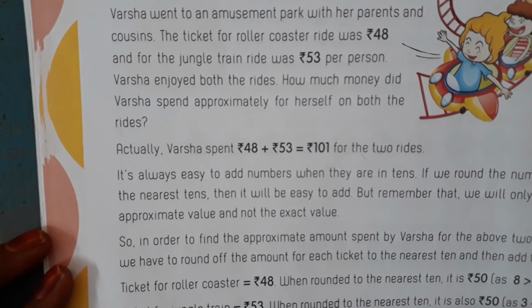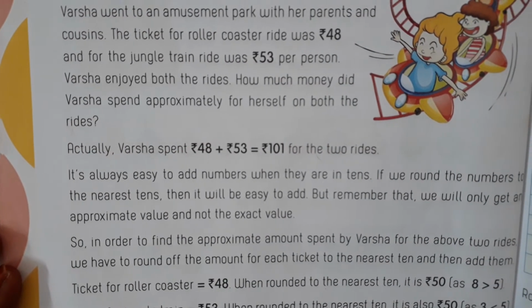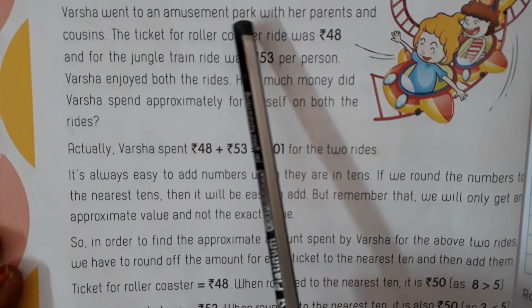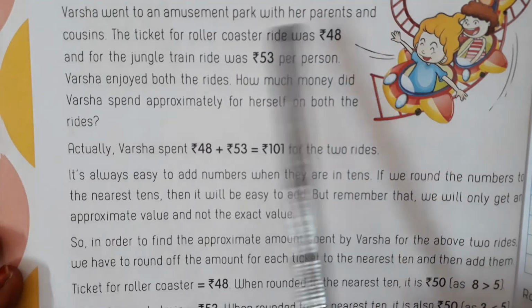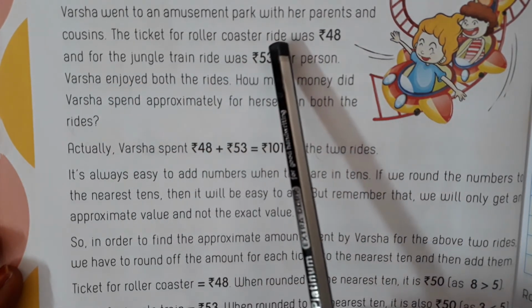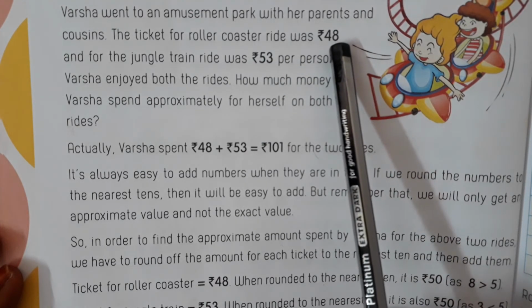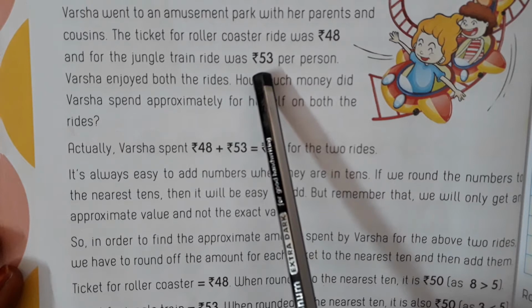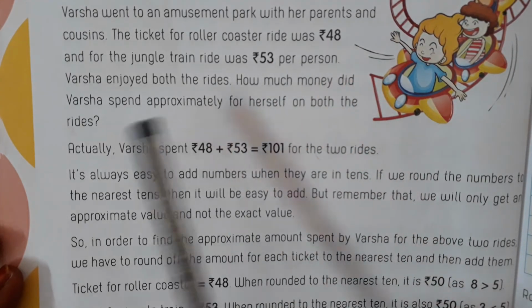Look here children, here is an example. Varsha went to an amusement park with her parents and cousins. The ticket for the roller coaster ride was ₹48 and for the jungle train ride was ₹53 per person.